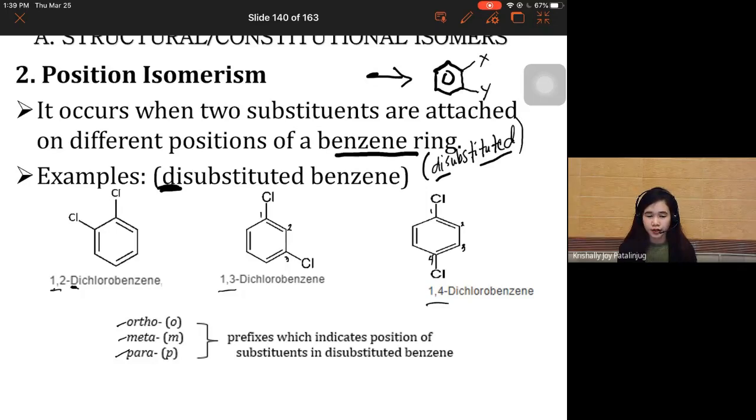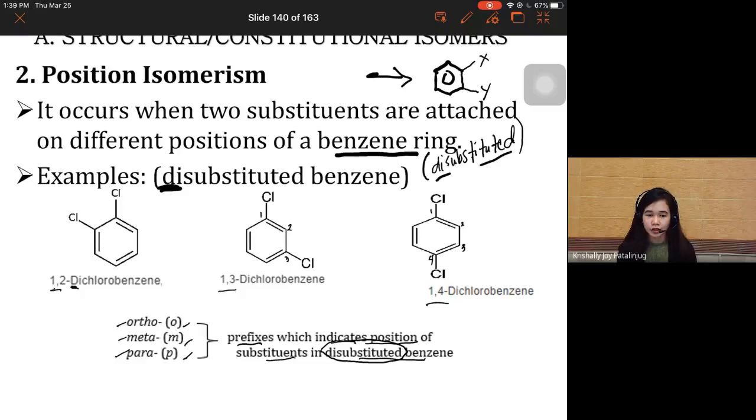Ortho is written with small letter o, meta with small letter m, para with small letter p. These prefixes are added to the first part of the name of the molecule and indicate the position of the substituents in a di-substituted benzene. Take note, in a di-substituted benzene only. When the benzene is tri-, tetra-, or penta-substituted, you cannot use these prefixes.